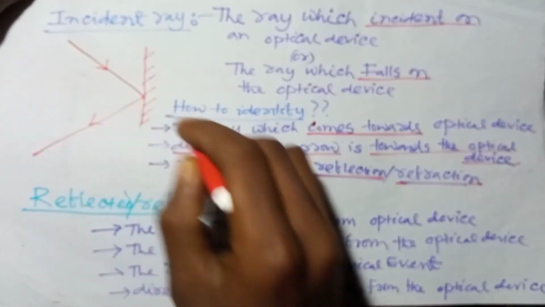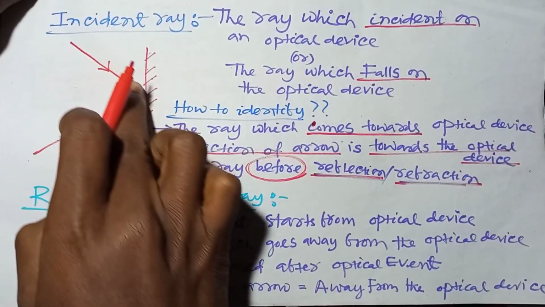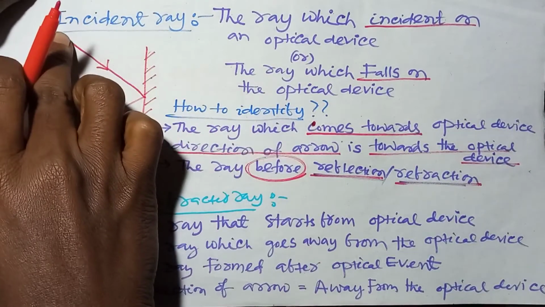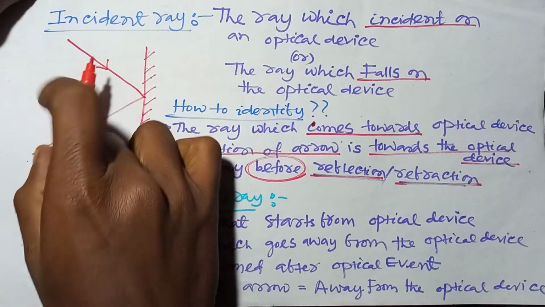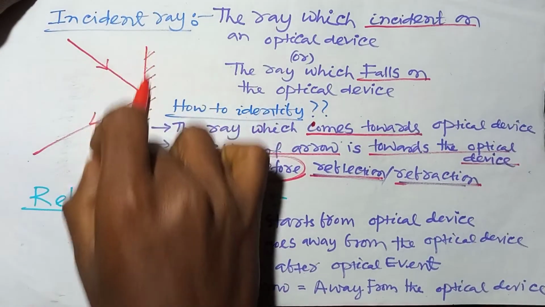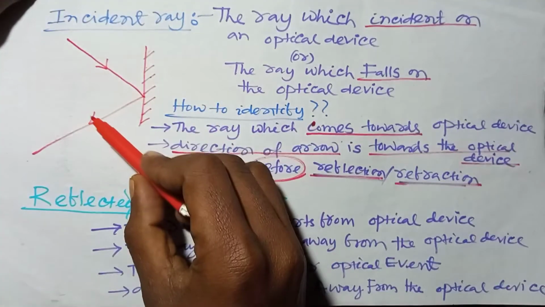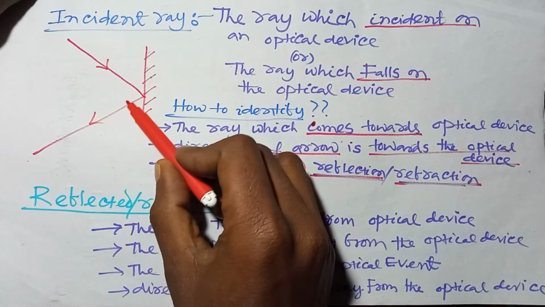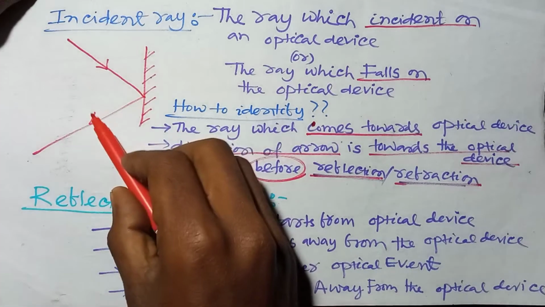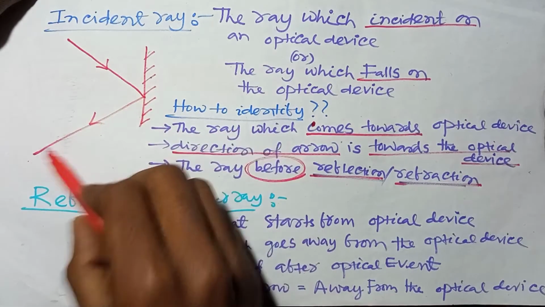So this is the incident ray, as this ray is coming towards the optical device and the direction of the arrow is towards the device. And this is the reflected ray, as the direction of the arrow is away from the optical device, or this ray is going away from the optical device.